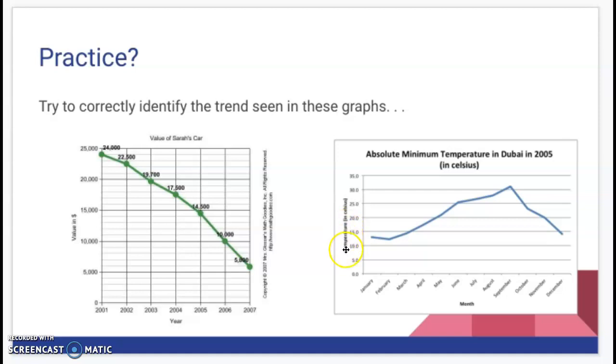So the temperature in Dubai over each month in the year 2005. So what's happening in this data? What trend do you see? At this time, I would pause the video, think about your answers, and then continue.